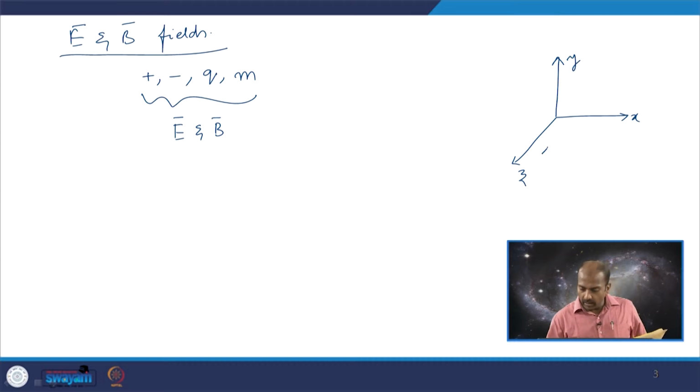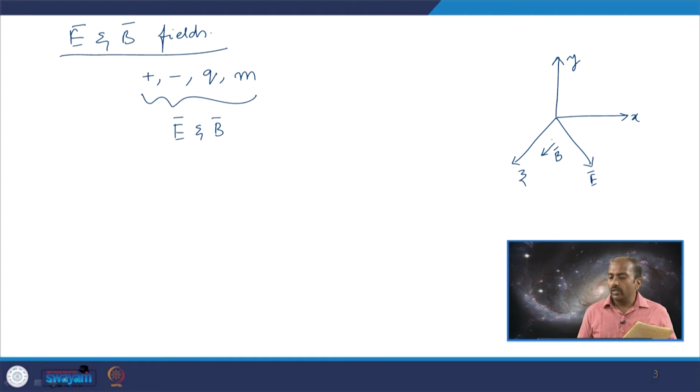The magnetic field is present along the z axis, and the electric field is present in the x-z plane. So, the magnetic field is along the z axis.